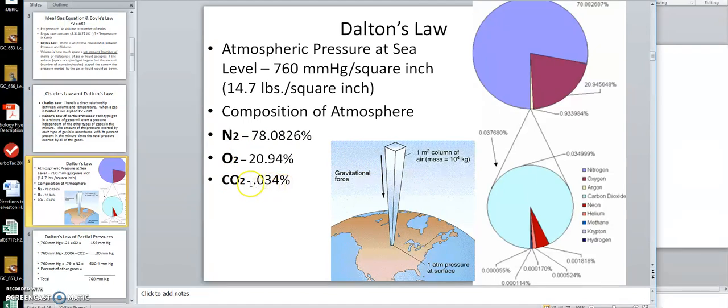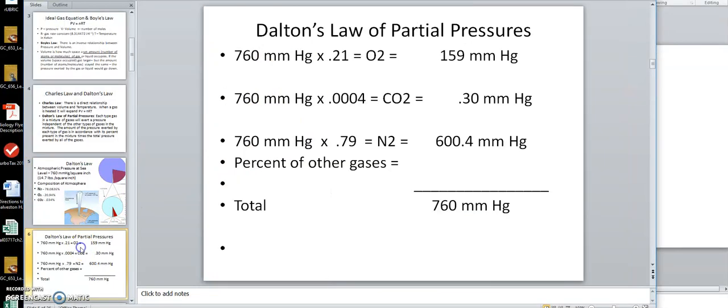The three major gases that we have in the atmosphere are nitrogen, at about 78%, O2 about 21%, and CO2 about 0.34%. Now that's the percent present in the atmosphere of the gas. So if I wanted to get the partial pressure of these three, here's the formula. I would take the 760, which is the total pressure, times 0.21 for O2, because it was 21%, times this for CO2, and times this for nitrogen.